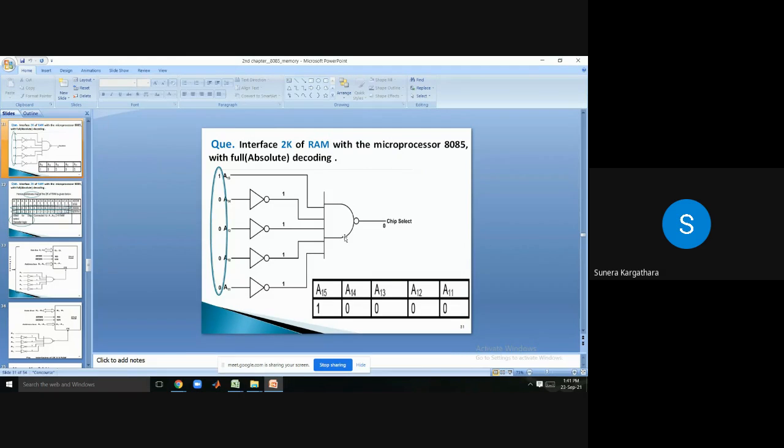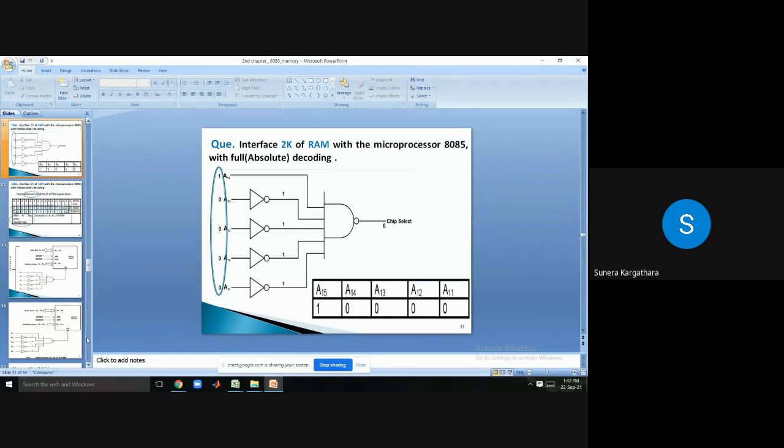Again, I'm repeating: two types of basic elements can be used to select your chip, one is a NAND gate and another is a decoder. We provide the logic to the NAND gate and through that we combine our address input lines and select our output accordingly. Depending upon the lines we have remaining, that many inputs we use in the NAND gate, and it gives only one output.